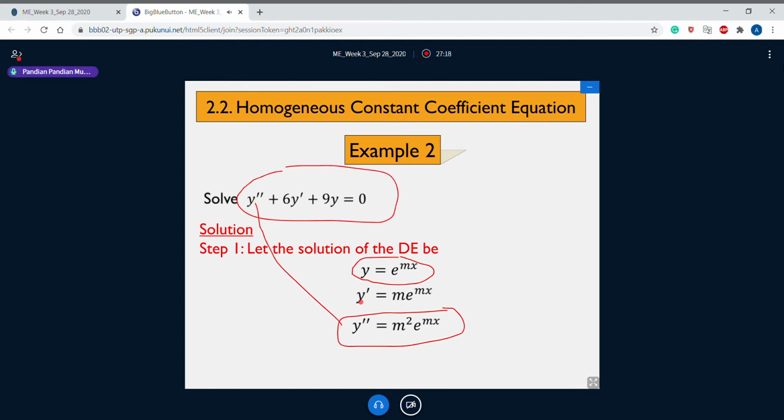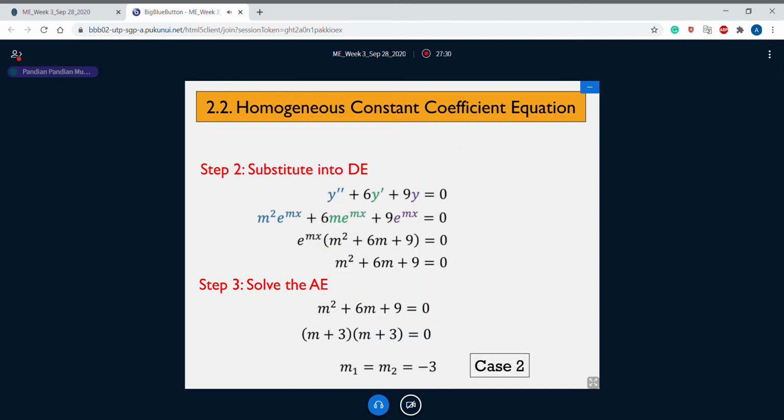Then y dash you put inside here, and y you put here. So what happens when you substitute is you get the following result. y double dash plus 6y dash plus 9y equals 0. y double dash m squared e^mx plus 6y dash 6m e^mx plus 9y e^mx equals 0.